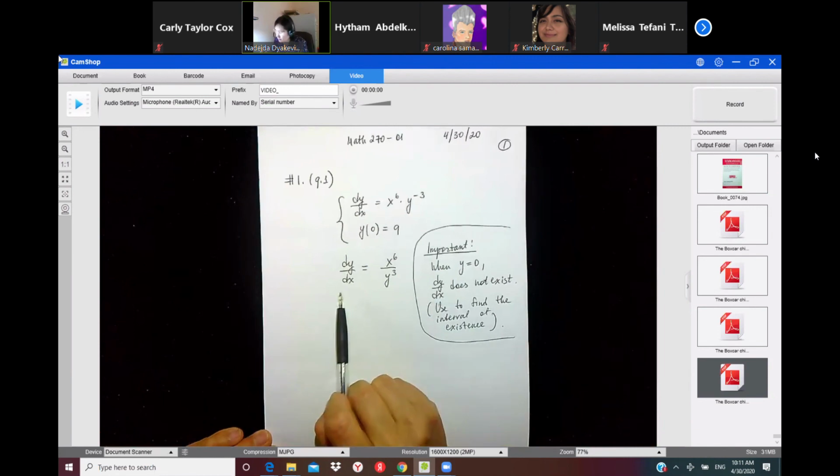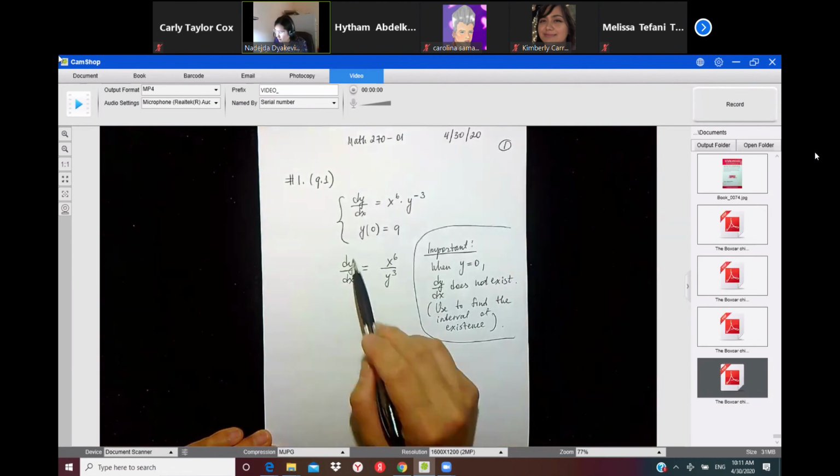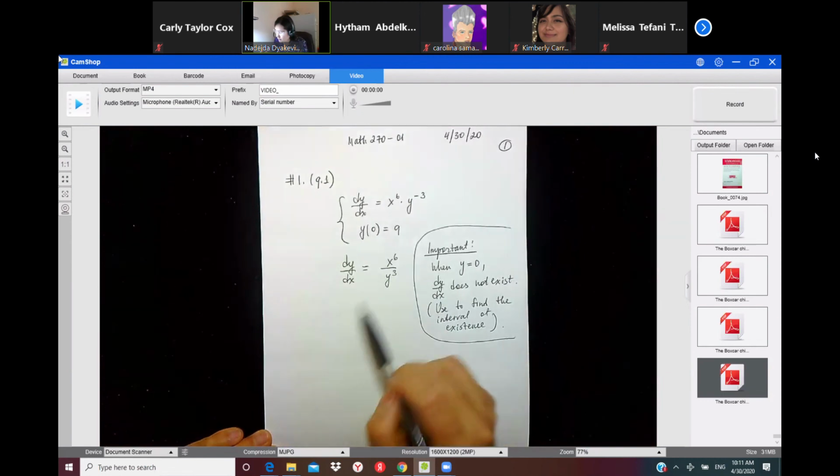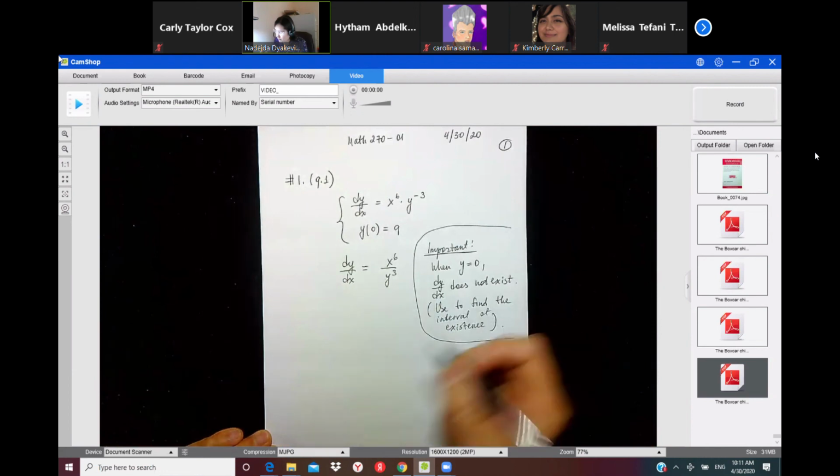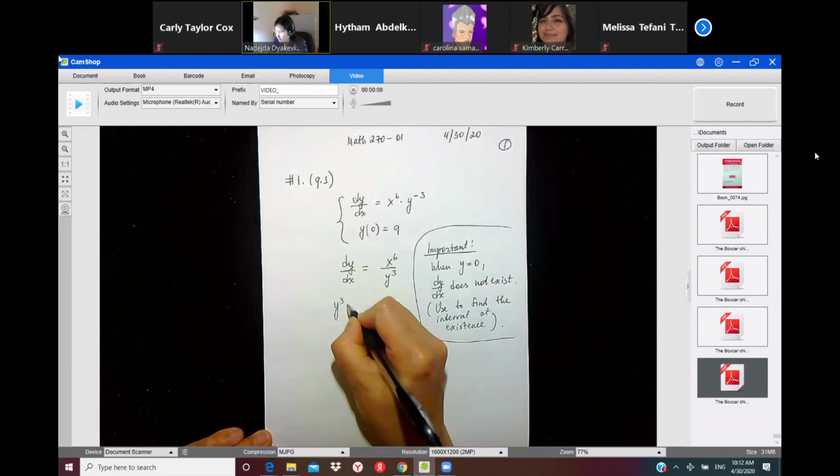We need everything containing y on the left-hand side and everything containing x on the right-hand side. So we get y cubed dy equals x to the 6 dx. So let's integrate.